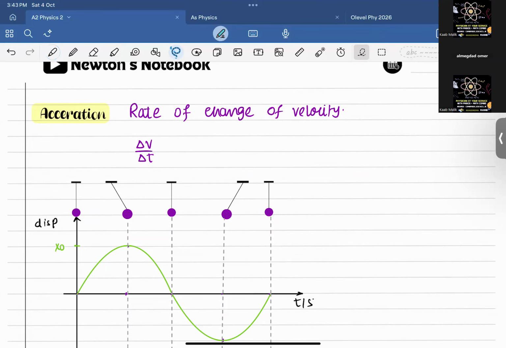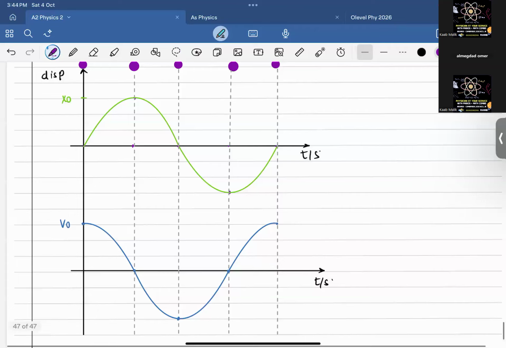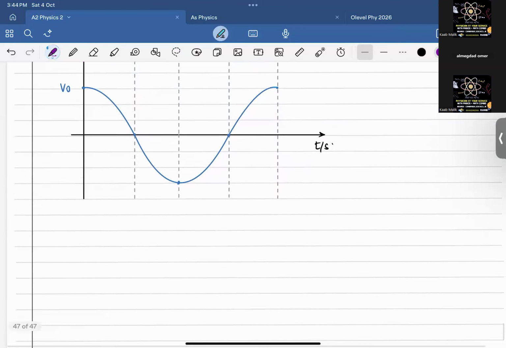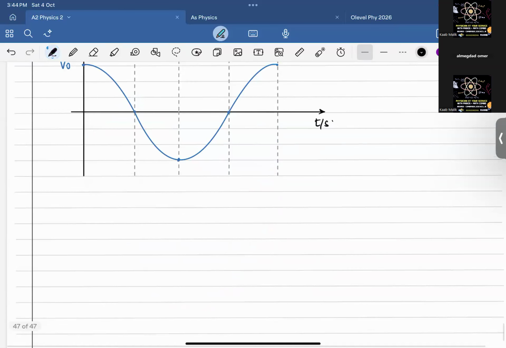When you have the displacement time graph and the velocity time graph, then you can make the acceleration time graph accordingly. You cannot make it on its own, otherwise it won't work. So let's make the acceleration time graph.